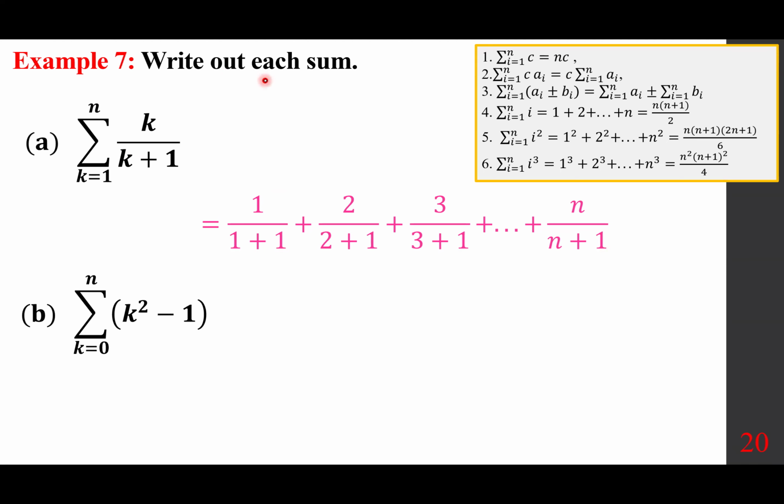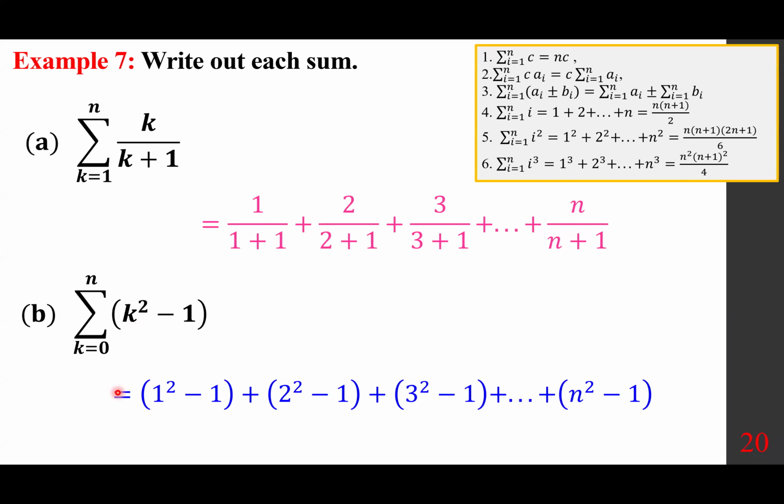Same thing here. K is 0. So if I put 0, I get 0 squared minus 1. If I put 1, I get 1 squared minus 1. If I put 2, I get 2 squared minus 1. If I put 3, I get 3 squared minus 1, all the way to n squared minus 1. And again, I want you to notice, I didn't write the first one. If you plug in 0, it's 0 squared minus 1, which is minus 1.